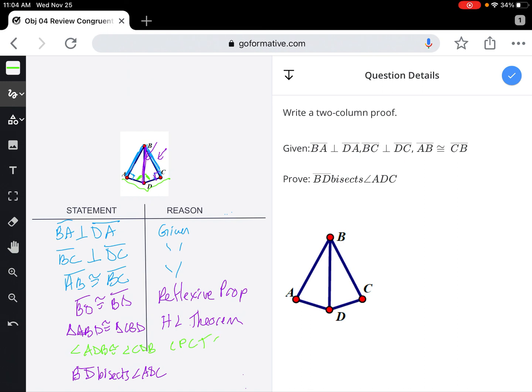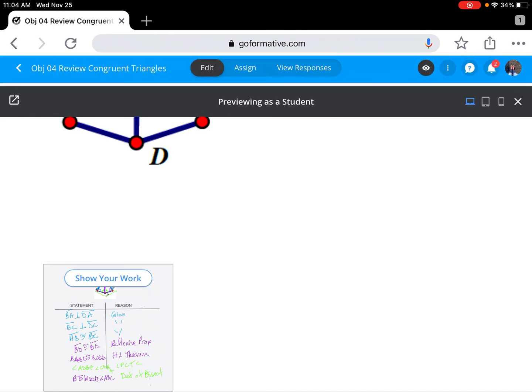Okay, because corresponding parts of congruent triangles are congruent. So BD must be the bisector because these two parts are congruent. And so my reasoning here is going to be, well, definition of bisect. Okay, because we've shown that it's cut into two congruent parts, so it must be a bisector. And that is that.